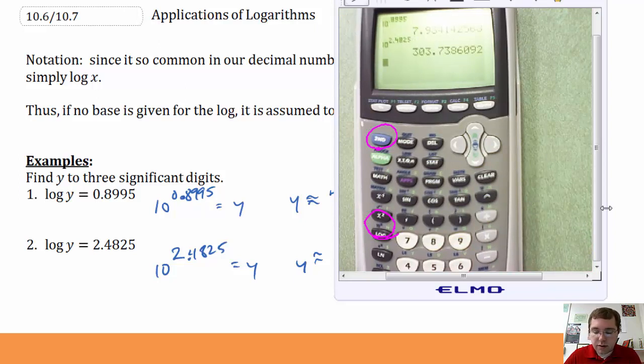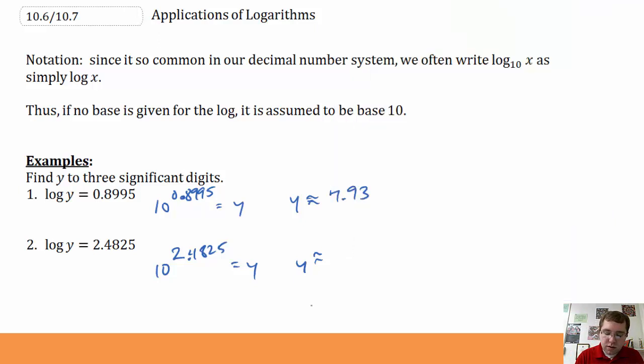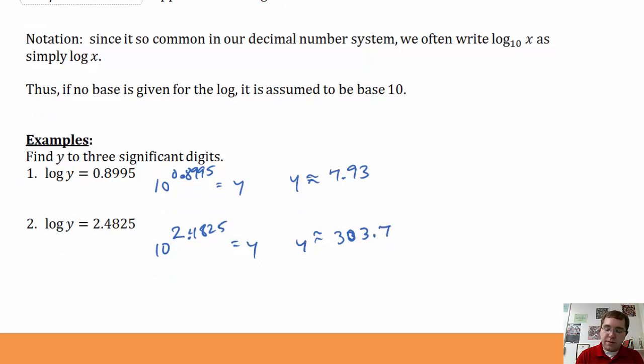So about 303.74. I'll go ahead and write that with four significant digits, 303.7. Simple? Of course.